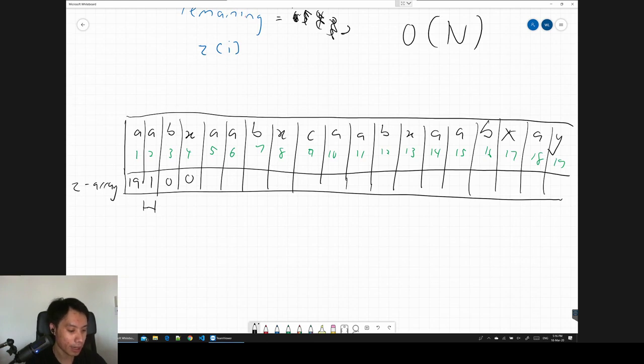A and A is the same, A and A is the same, B and B is the same, X and X is the same, A and C is not the same. So it will be 1, 2, 3, 4, no, it's only a 4. Now I have a Z box of 4.